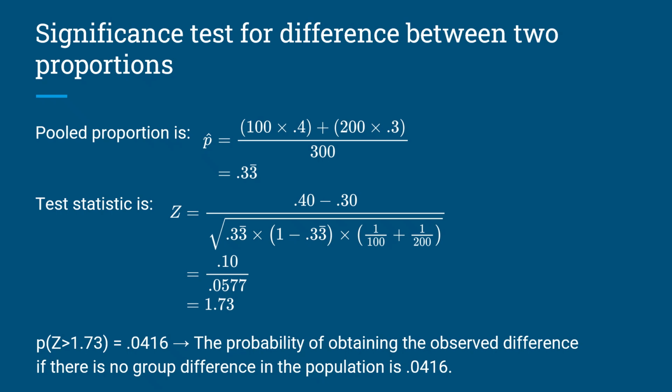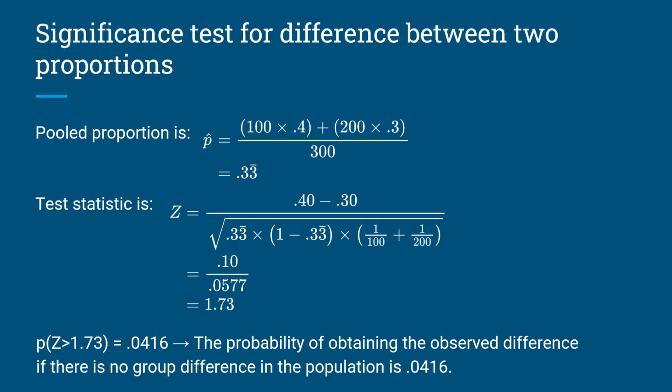And we divide that difference by the standard error associated with the null hypothesis. That's calculated here, and you can see that the value we arrive at is 0.0577. So when we take the ratio between the difference in proportions and the standard error, we get a value of 1.73. And the probability associated with that value on the normal distribution is 0.0416.